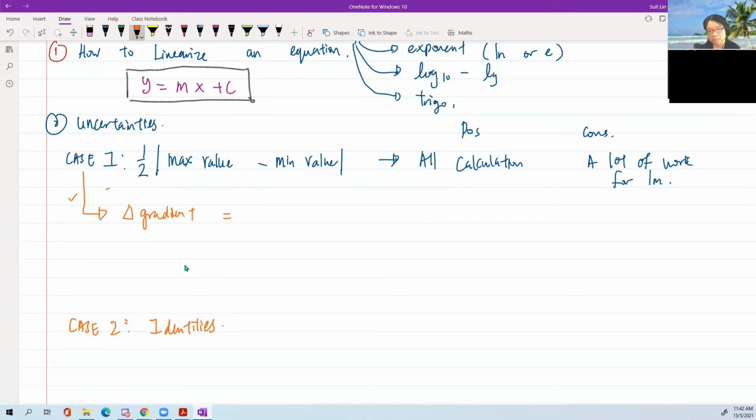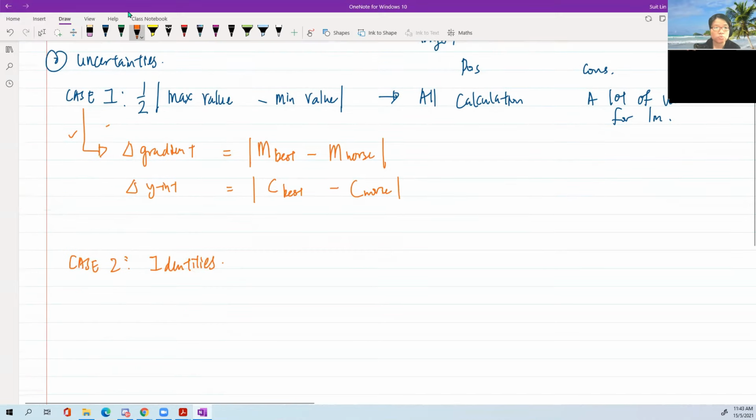So that would be modulus the gradient of your best fit line minus the gradient of your worst fit line. Go and watch the videos where we draw best fit line, worst fit line. The second one is the uncertainty of your y-intercept. We will also take modulus the difference between the best y-intercept minus the worst y-intercept.